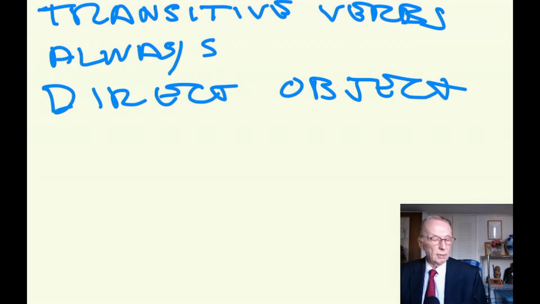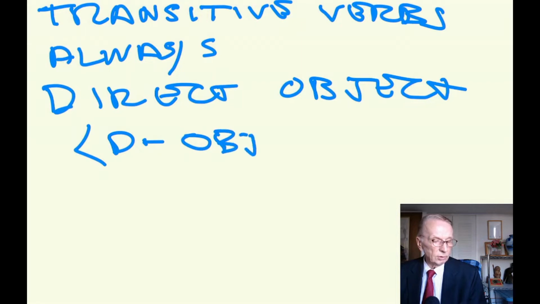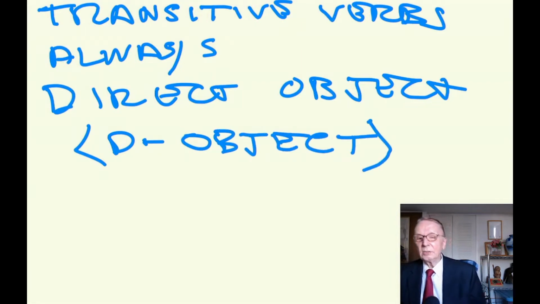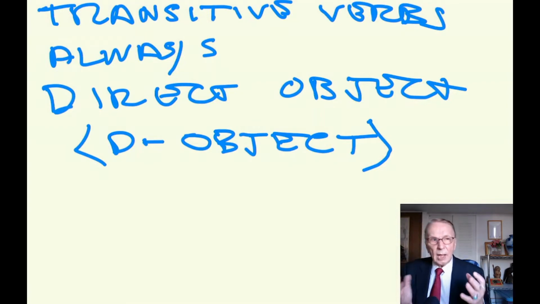In this lesson, I'll be representing direct object maybe like this or something similar in case I forgot. So the direct object is a person or a thing that receives the action of the transitive verb.